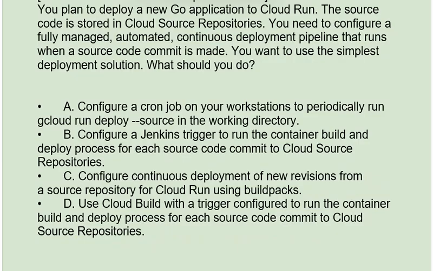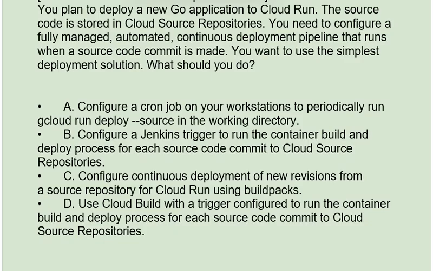Option A. Configure a cron job on your workstations to periodically run gcloud run deploy source in the working directory. Option B. Configuring a Jenkins trigger to run the container build and deploy process for each source code commit to cloud source repositories.